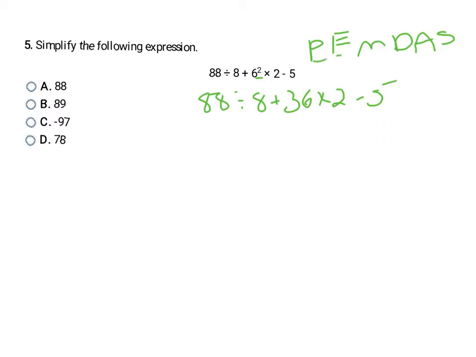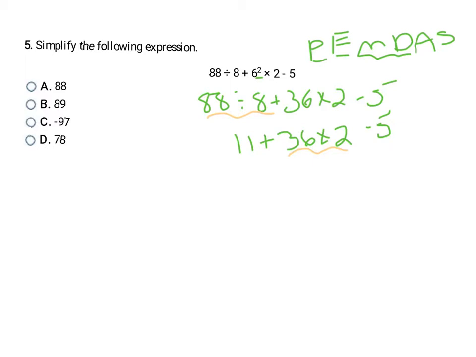So now that I have exponents done, I'm going to look at multiplication and division left to right. So whatever I hit first. So first I'm going to do 88 divided by 8, which is 11. I'm going to have 11 plus 36 times 2 minus 5. So I'm going to do multiplication next. 36 times 2 is 72.